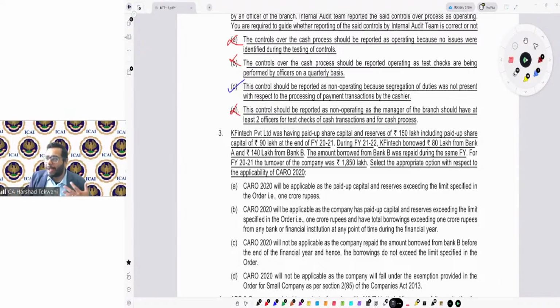For such scenarios, I suggest you decide by applying the provisions whether CARO is applicable, and then go to the options. So, is CARO applicable in the current case?